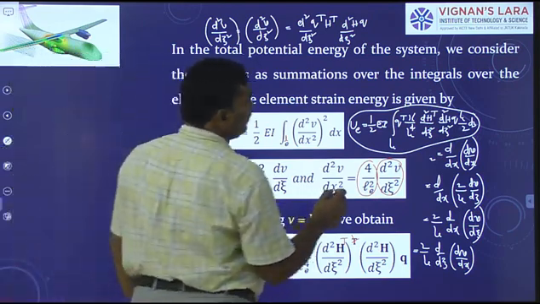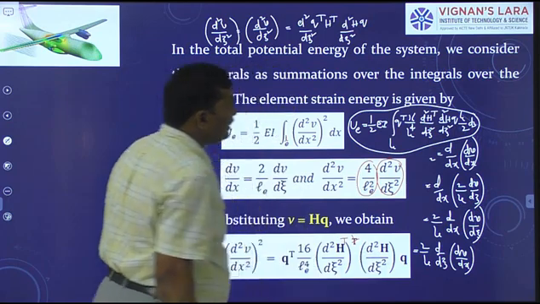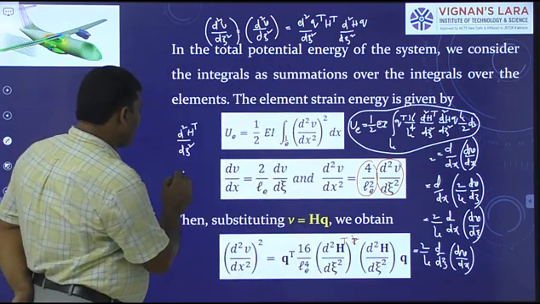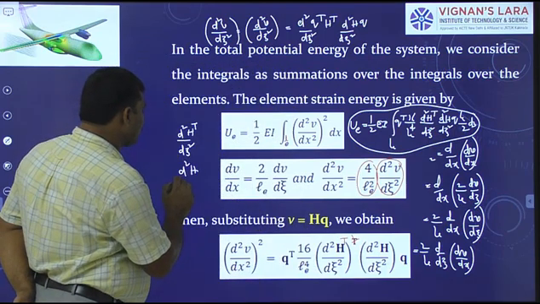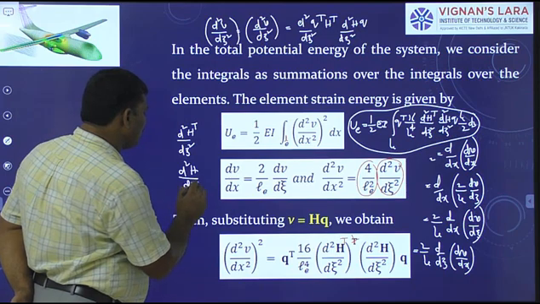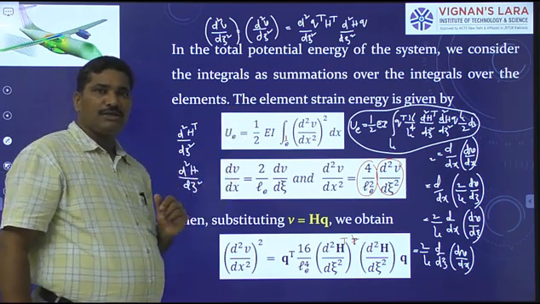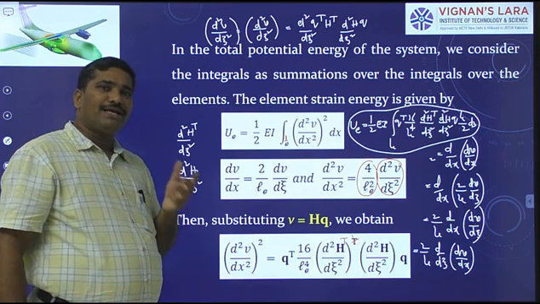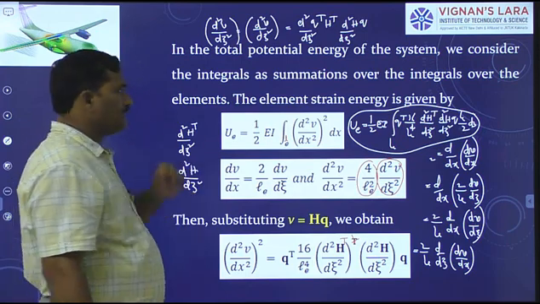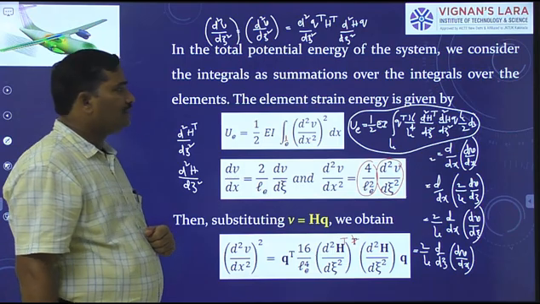Next one is D square H by dj square. Here, H is a row matrix which you have to differentiate twice with respect to J. Understand?